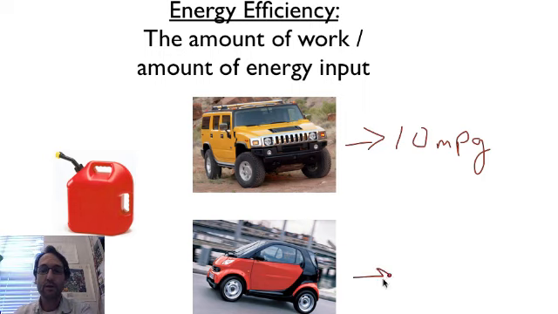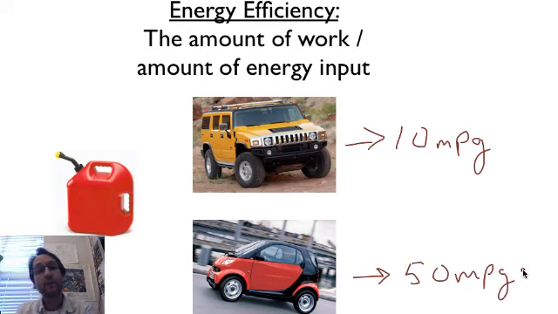So per gallon of gas, we get about 10 miles of driving, which is our desired work. In the smart car, we might get about 50 miles per gallon for that gallon of gas. So the efficiency, we can say, of the smart car is higher than the efficiency of the Hummer.